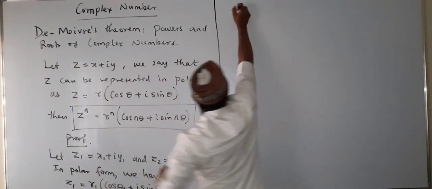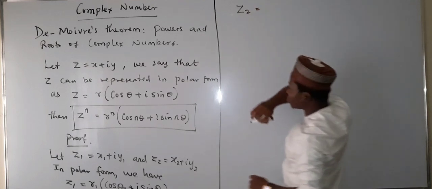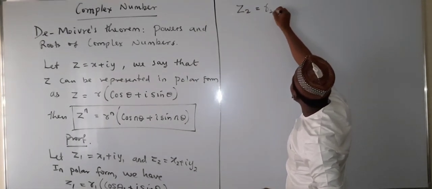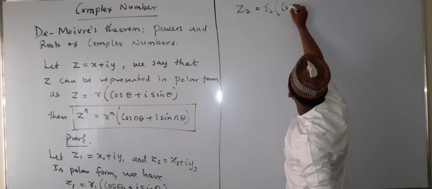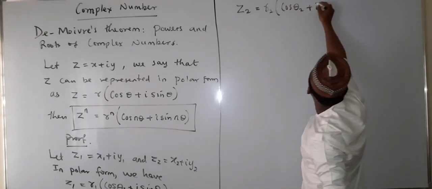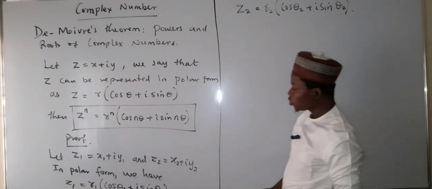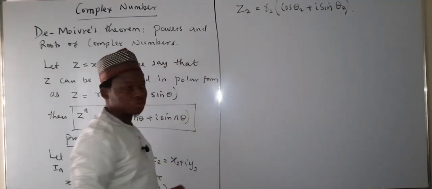Then z2 is equal to r2, open bracket cos theta 2 plus i sin theta 2. So this is our z1 and z2.